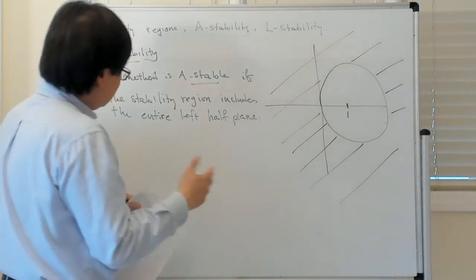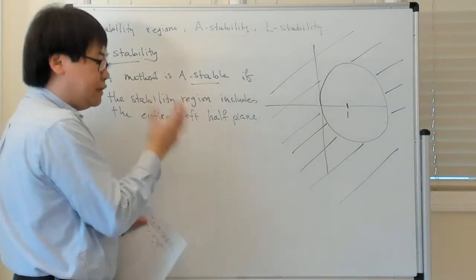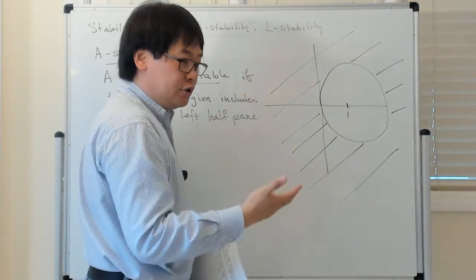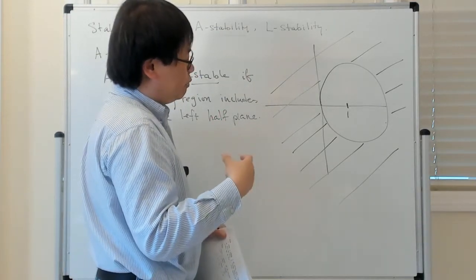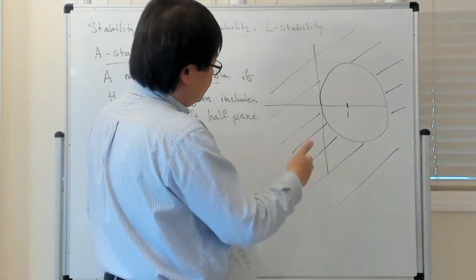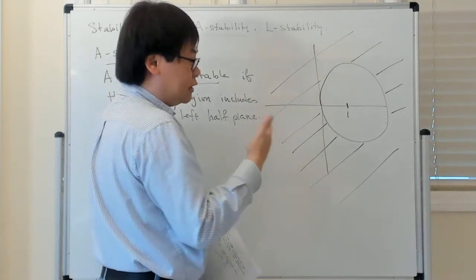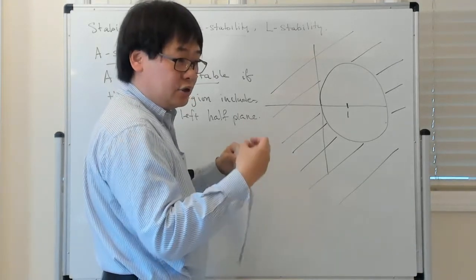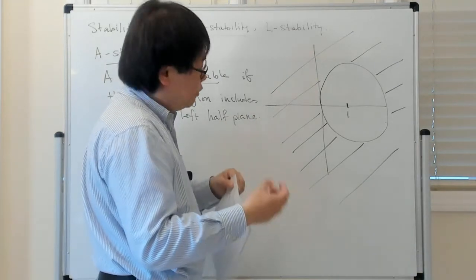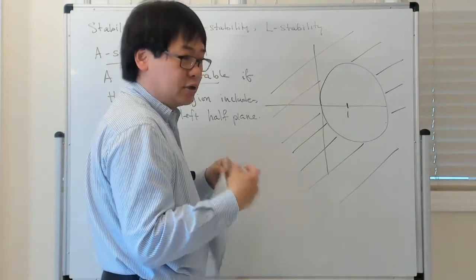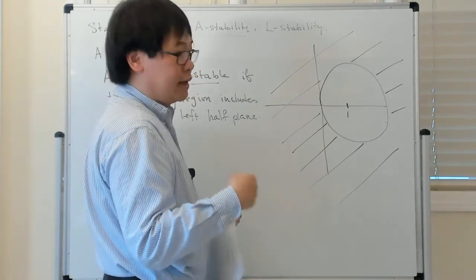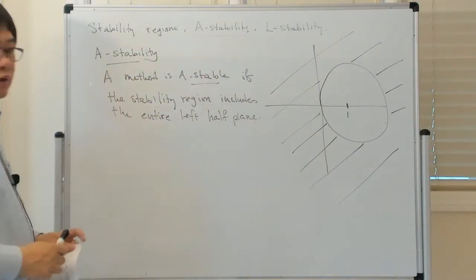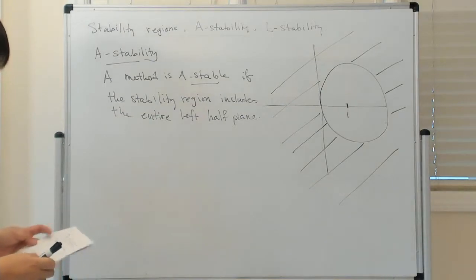So one way to think about this is that A-stability means that if you apply this numerical method with a positive time step to a system of linear differential equations whose eigenvalues are in the left half plane, for which the exact solution has the origin as a stable point, then your numerical discretization is also going to respect that property and have the origin be stable as well. So this motivates the definition of A-stability.